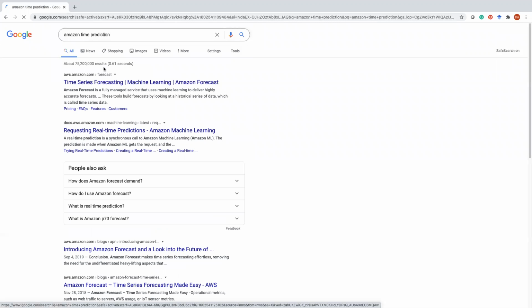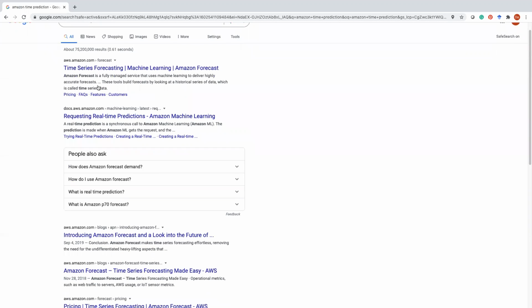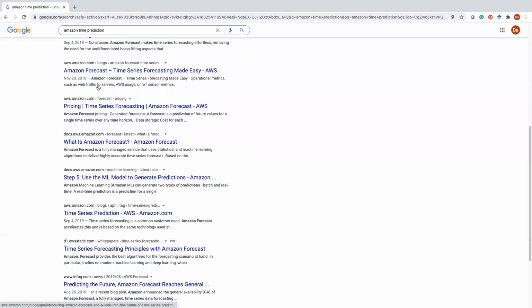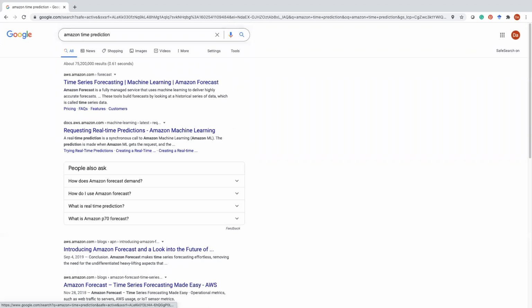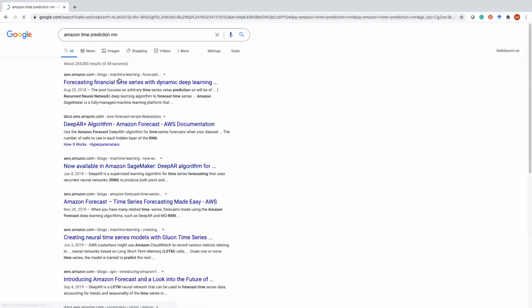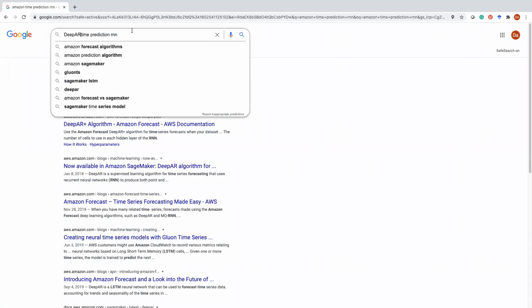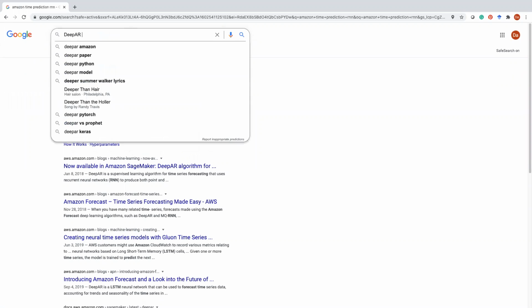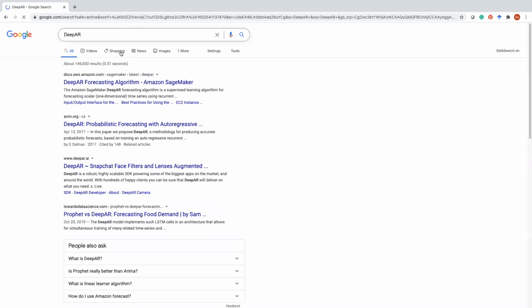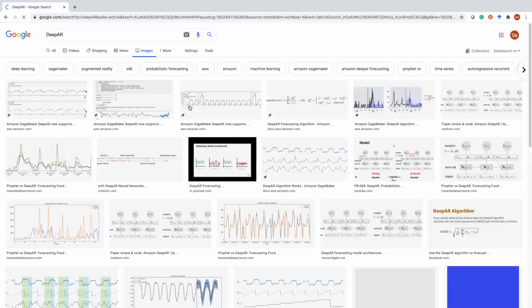I don't remember the model name. It's a recurrent net, I think, yes, DeepAR. They have a DeepAR algorithm. If we look at the image, we can see the model. So this is a DeepAR model.